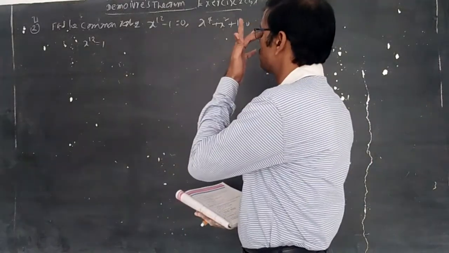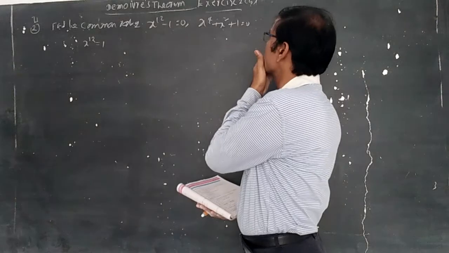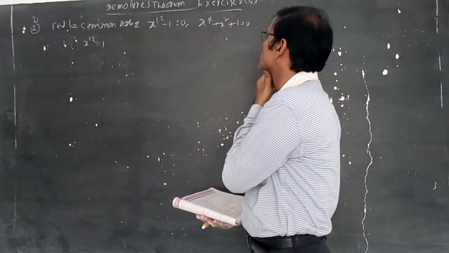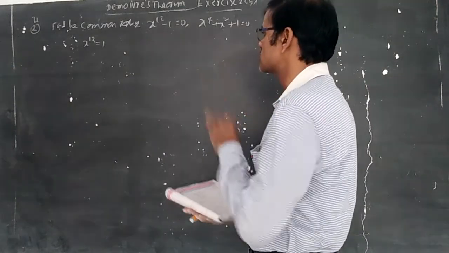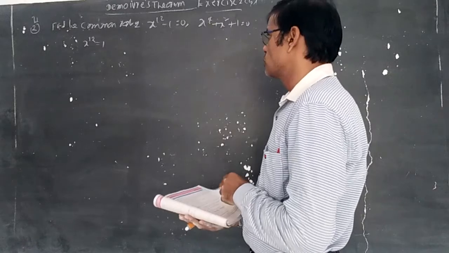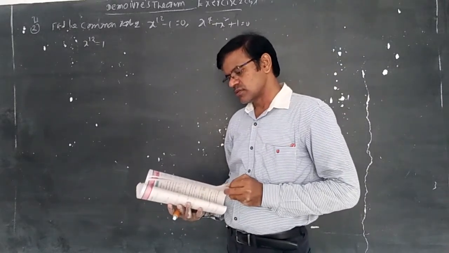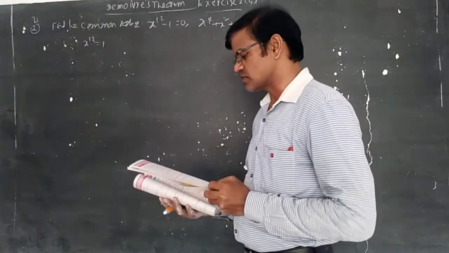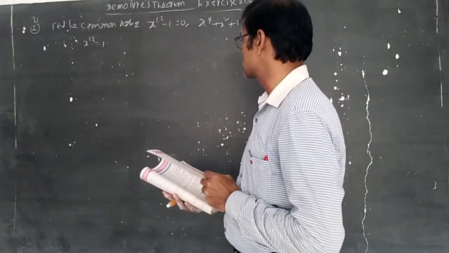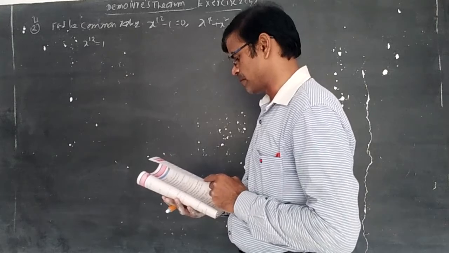Next, omega square, it is also okay. Omega cube, it is wrong. Omega power 6, maybe 3 roots chance are there. Omega meaning 2 pi by 3. Directly I am discussing 2 pi by 3 also; 6 pi by 3 is not possible.